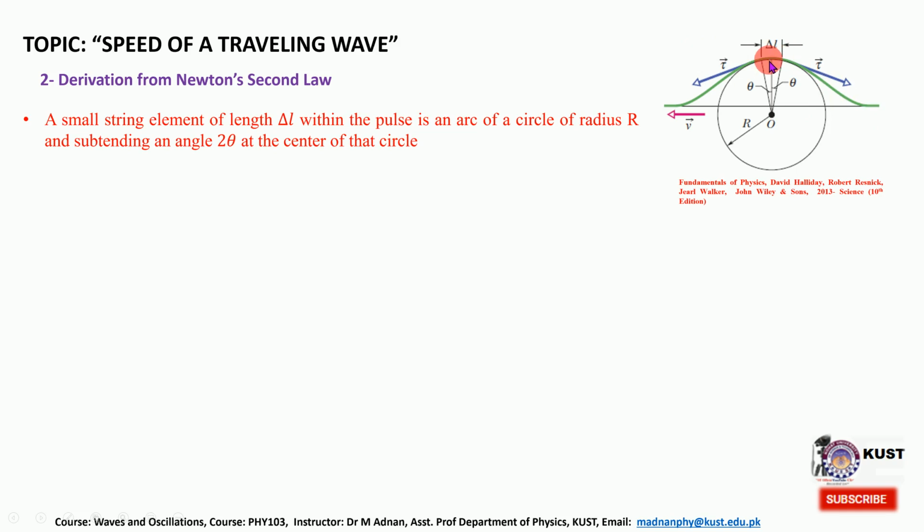Now, as we know from the first lecture, in these transverse waves, the elements of the medium are just oscillating. They are not moving from one place to the other.